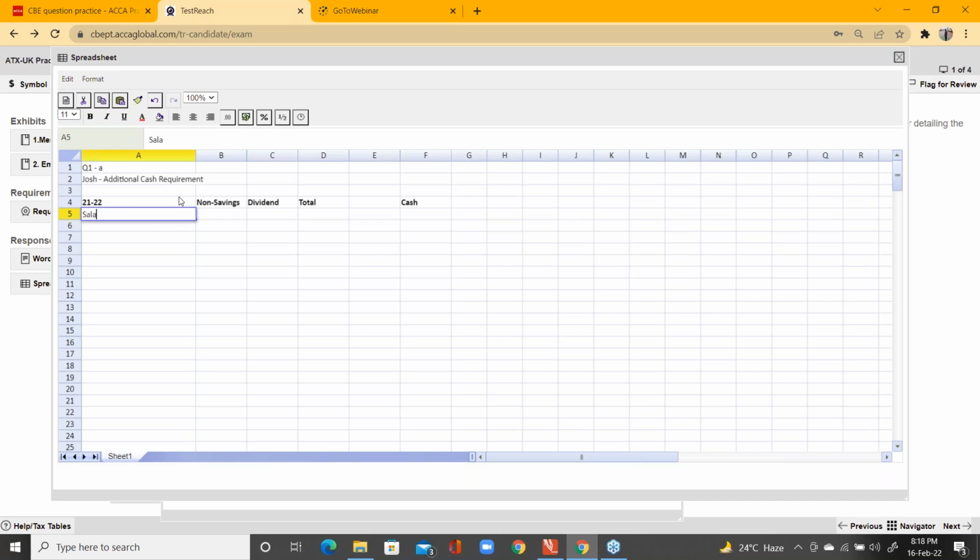Salary for the year is simply given in the question, that is 25,200. Then when he started the job, he got one mobile phone, that is exempt, nothing to do with it. If a second mobile is also given, then on the second mobile, the asset usage benefit will be calculated at 20% of the value of the asset.